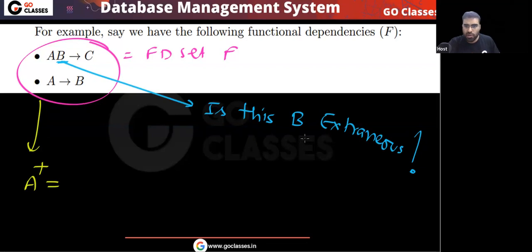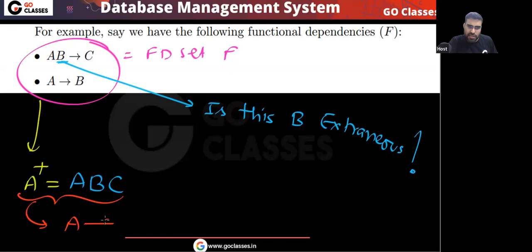So in this FD set, you find A plus. A can determine B, and AB can determine C. So can you notice that A can determine C? Yes. Remember, A can determine C.